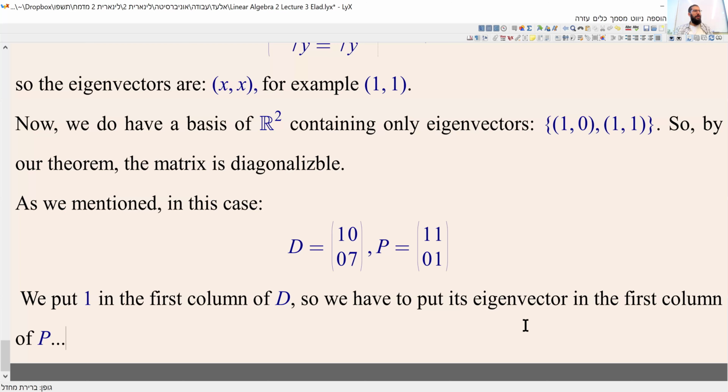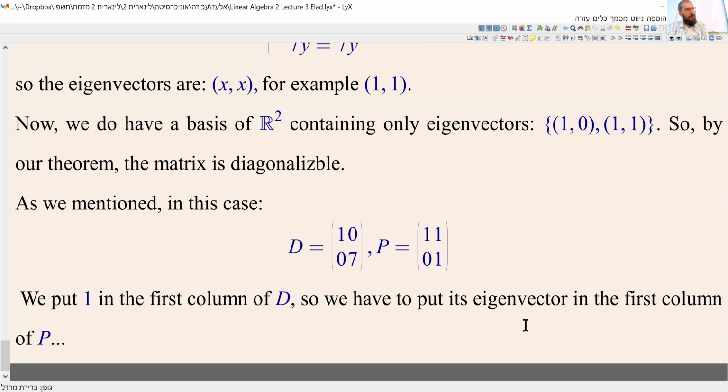So it's n factorial options for D. In many cases, there are eigenvalues that appear more than one time, as we mentioned before the break. So it's a nice, not very hard, combinatorial question. How many different Ds do we have?